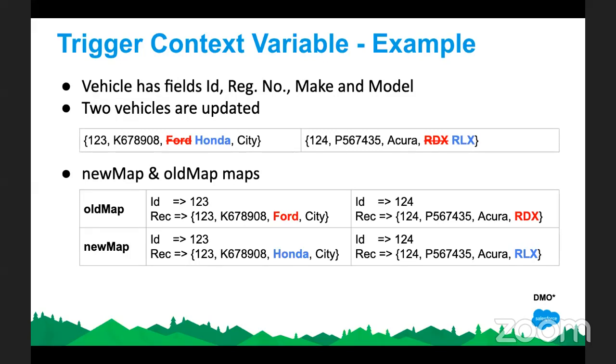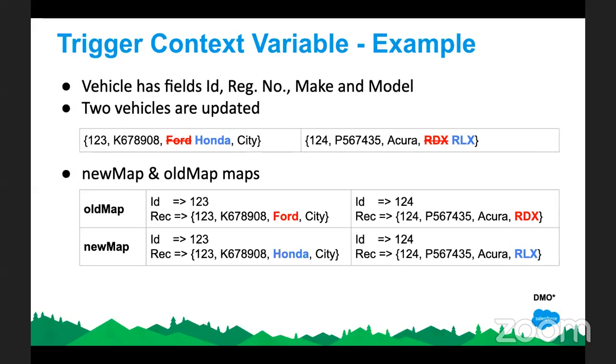For example, if I want to do some logic if the make changes, we will have to do some process for the first record, not for the second record. It's only the make that changes. If we need to do some business logic for the model change, then we can ignore the first part. Whatever change in the make, I will consider only the model. To make that comparison, this old map and new map and the lists are very important.